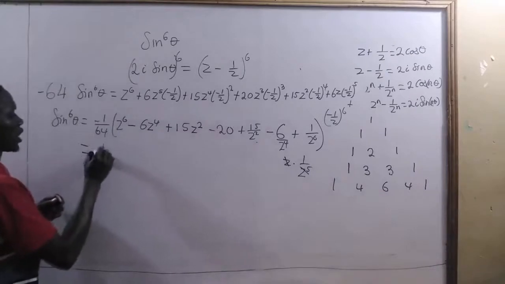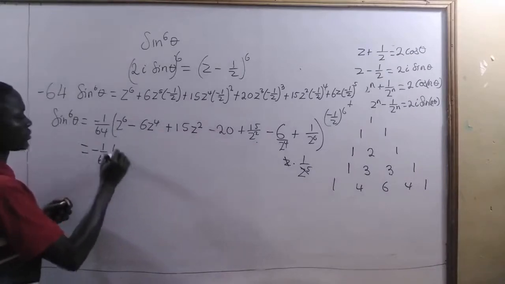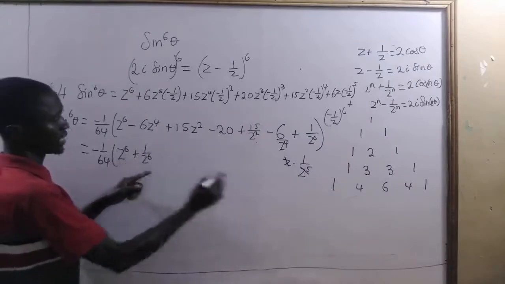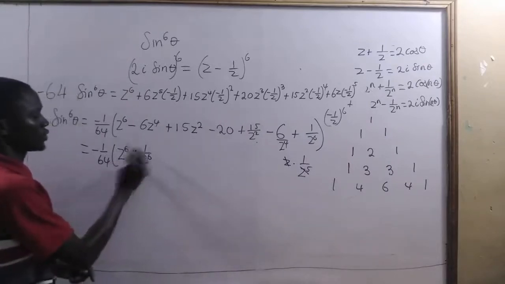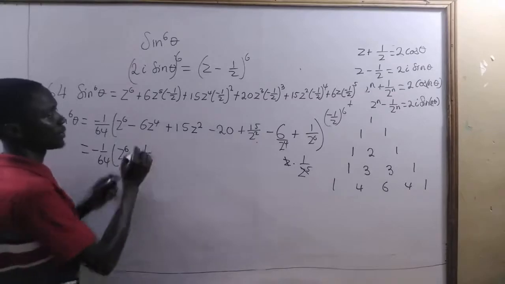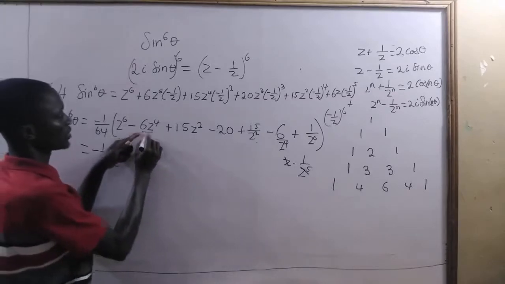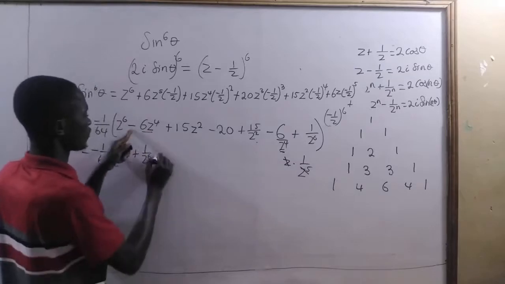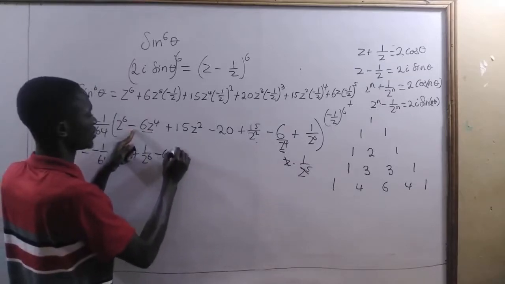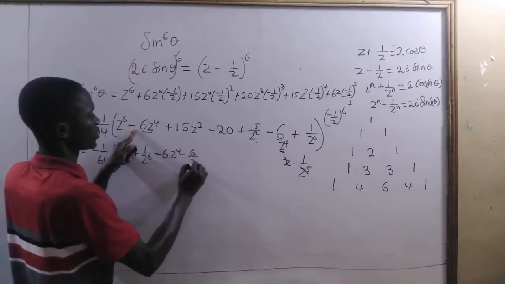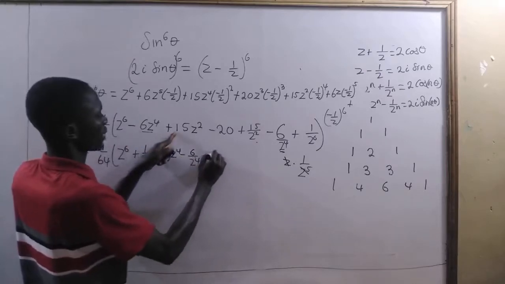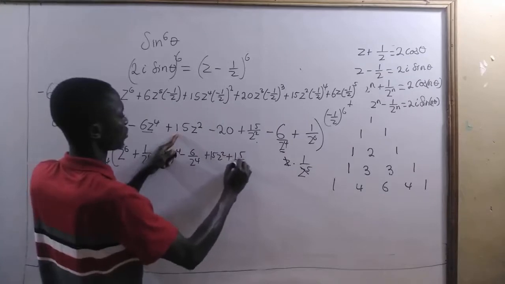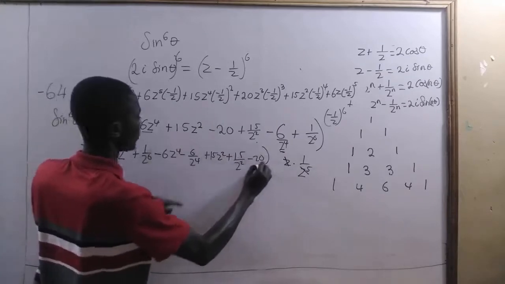Now you have minus 1 on 64 times z to the power 6 plus positive 1 on z to the power 6. You are just collecting the ones with the same z power. This is to the power 4. This one you have to the power 4. So you have minus 6 z to the power 4 minus 6 on z to the power 4 plus 15 z squared plus 15 on z squared minus 20.